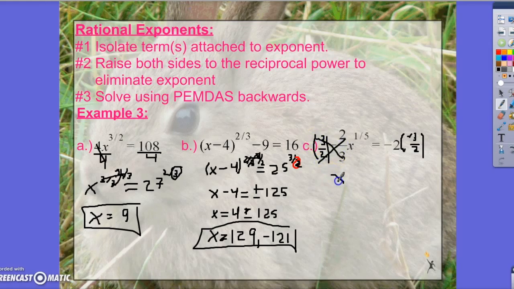Of x to the 1/5 equals 3. And raise it to the 5 over 1 power, or the 5. And get 243. And that's my answer.